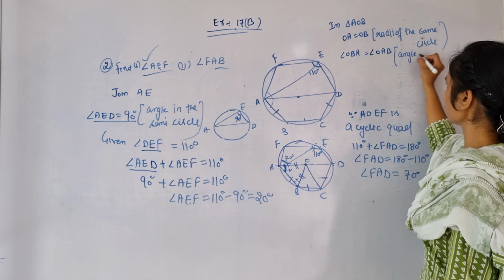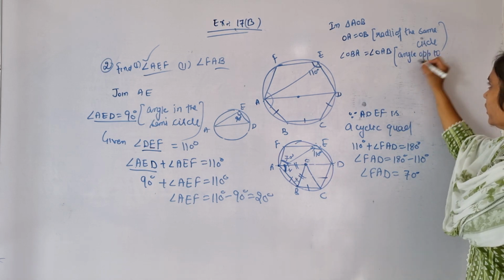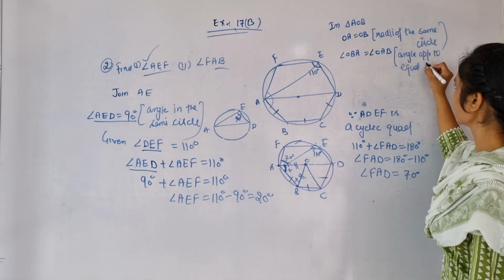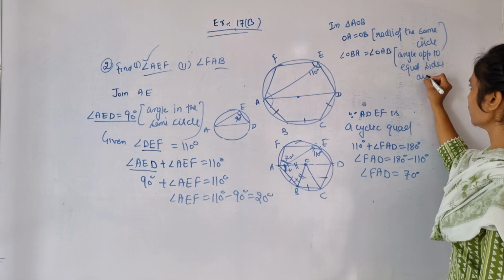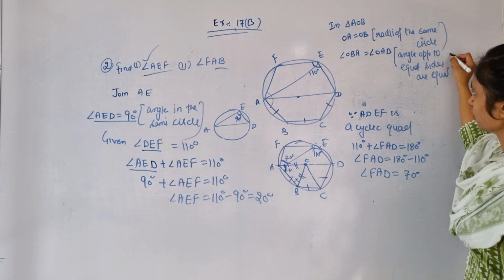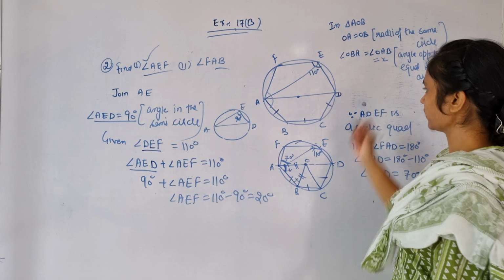Angles opposite to equal sides are equal. Suppose both are equal to x.